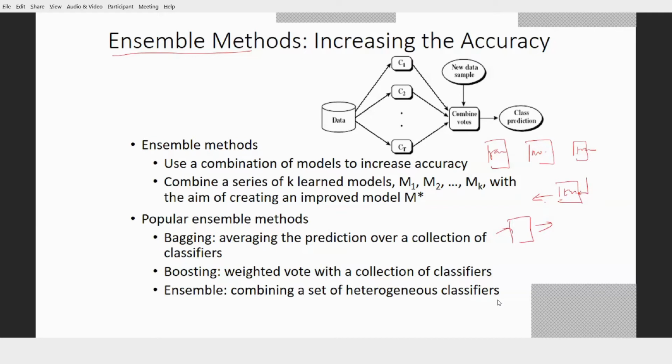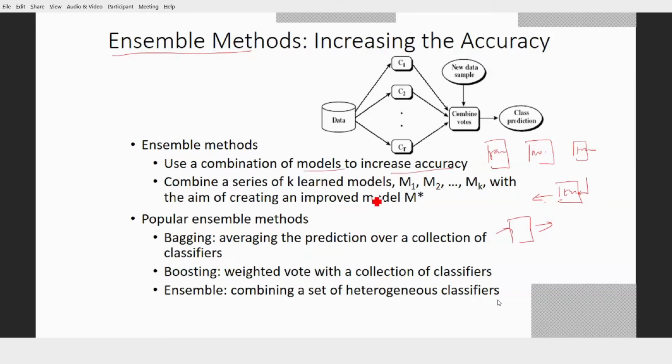Now, there can be cases when one model is not good enough for classifying. I go to one doctor and I'm not very happy with that doctor, so I want to go for a second opinion. So we use a combination of models to increase the accuracy.